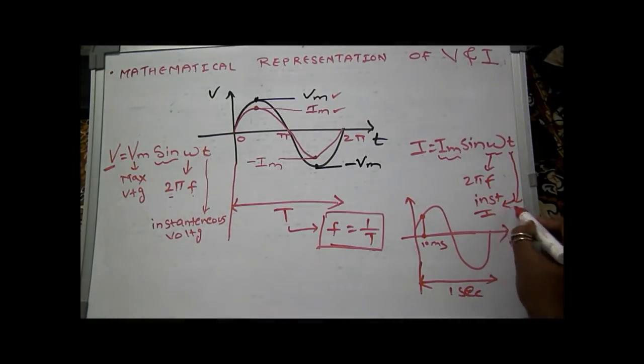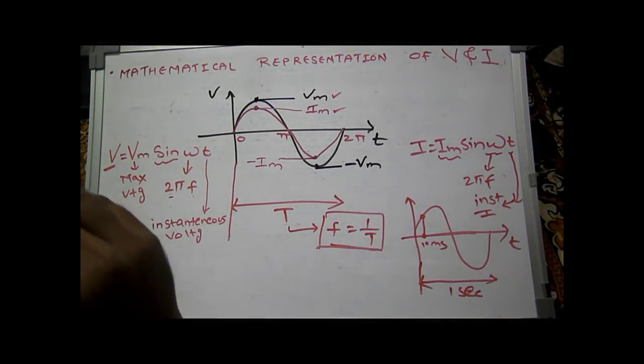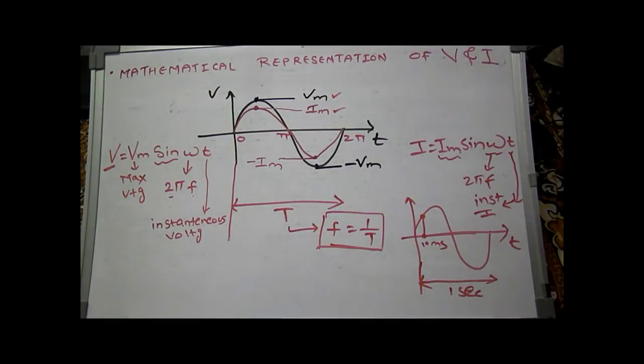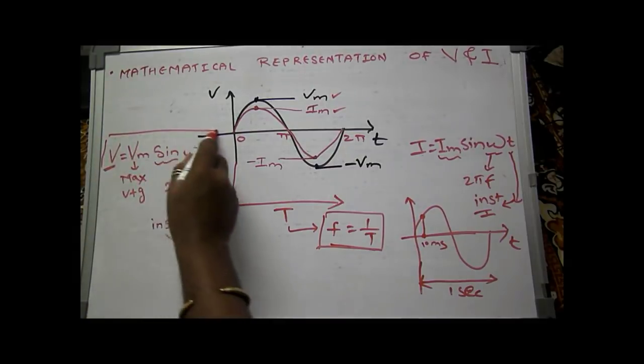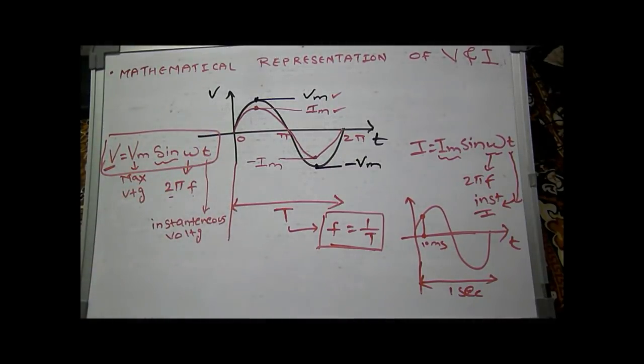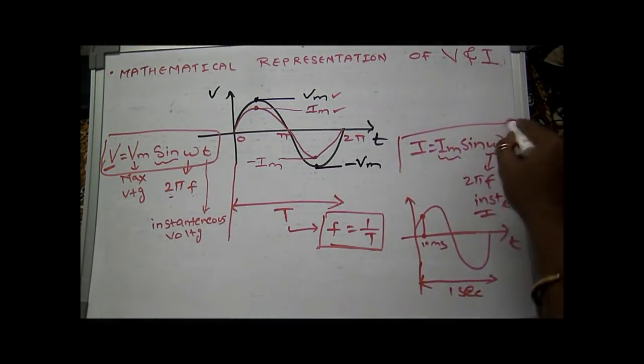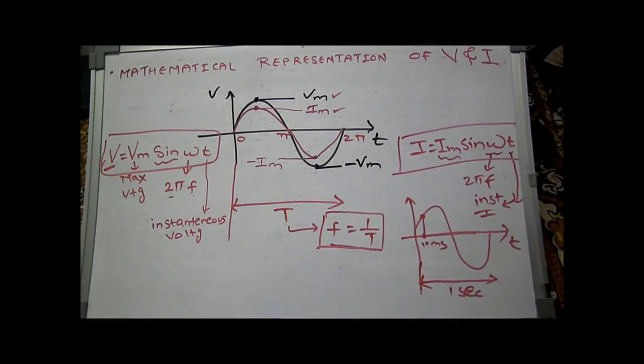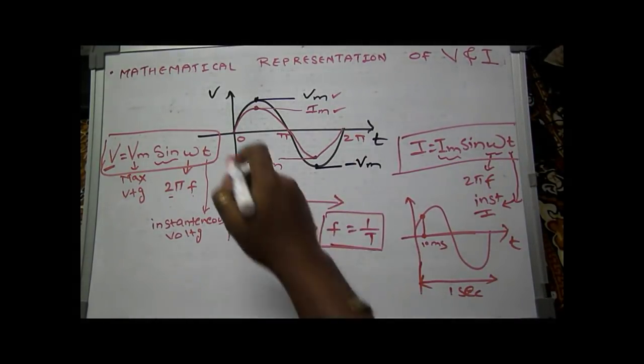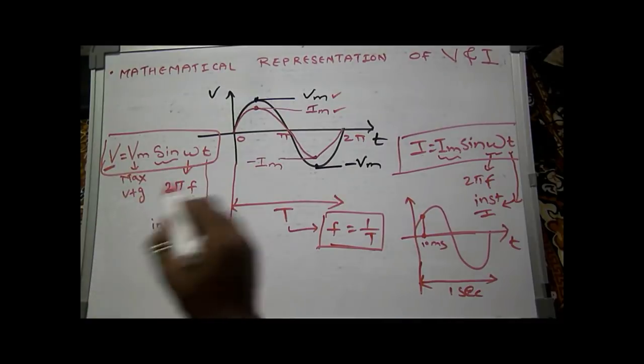This point is instantaneous current, this small t. So from this formula we can calculate V and I. This is a mathematical representation of voltage and current. From this formula we can calculate voltage, and from this formula we can calculate current. We have considered this wave as a sinusoidal wave, that's why we have put sine.